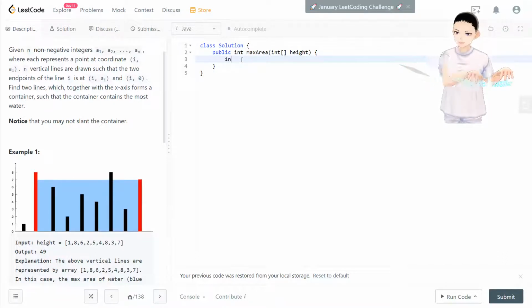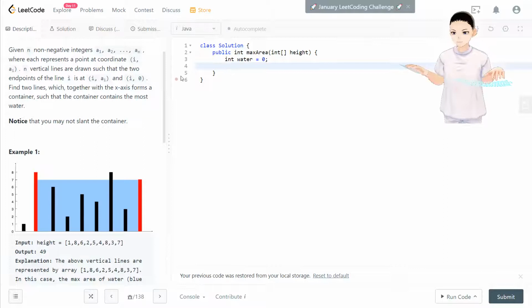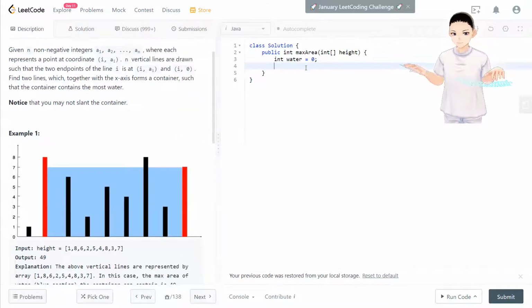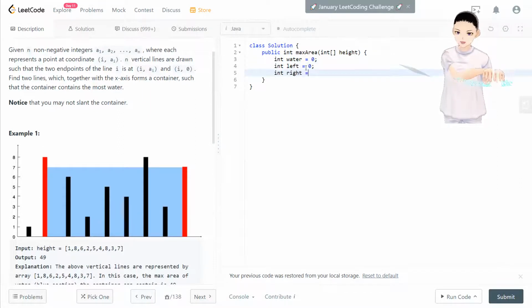Now we have water, starting at 0, to keep the maximum water that we can get. Here we have a left pointer equal to 0, and the right pointer is equal to height.length minus 1, so at the end of the array.